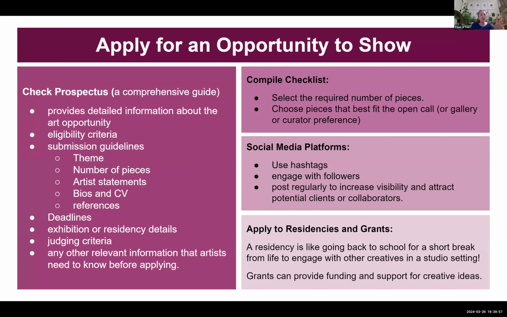And once you have your number of pieces, then pertaining to this prospectus or this open call, you will compile a brand new checklist. So you're going to pick and choose which pieces you are going to be submitting for this show. And that checklist is also your record to remember. Like, I got an email back today from this gallery that I applied to, over 2 months ago.